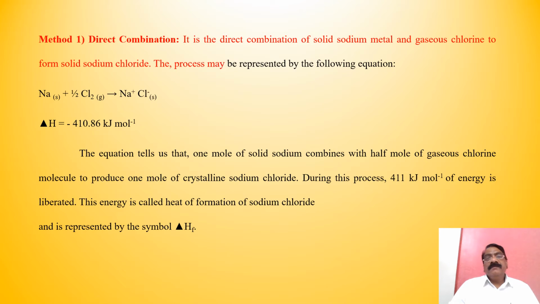The process may be represented by the equation Na solid plus half Cl2 gas gives NaCl solid, delta H is equal to minus 410.86 kilojoule per mole.